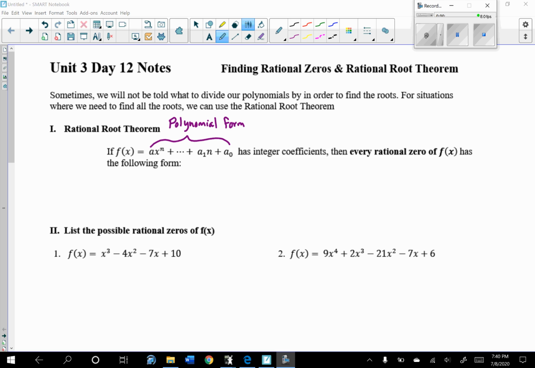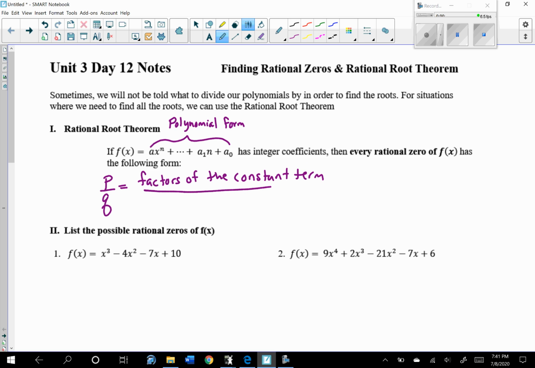So the rational root theorem: if f of x, and this is polynomial form right here, has integer coefficients, then every rational zero of f of x has the following form. p over q, which stands for factors of the constant term over factors of the leading coefficient.